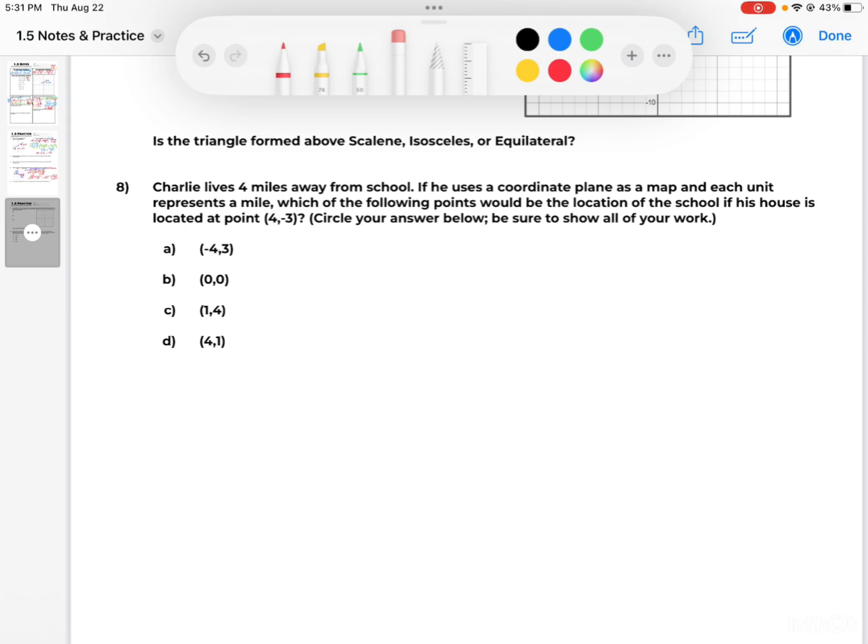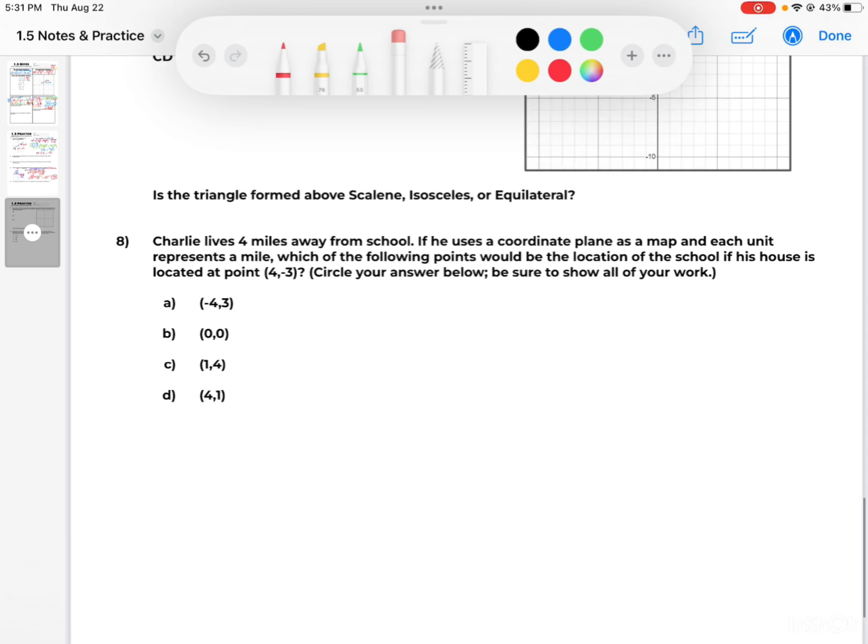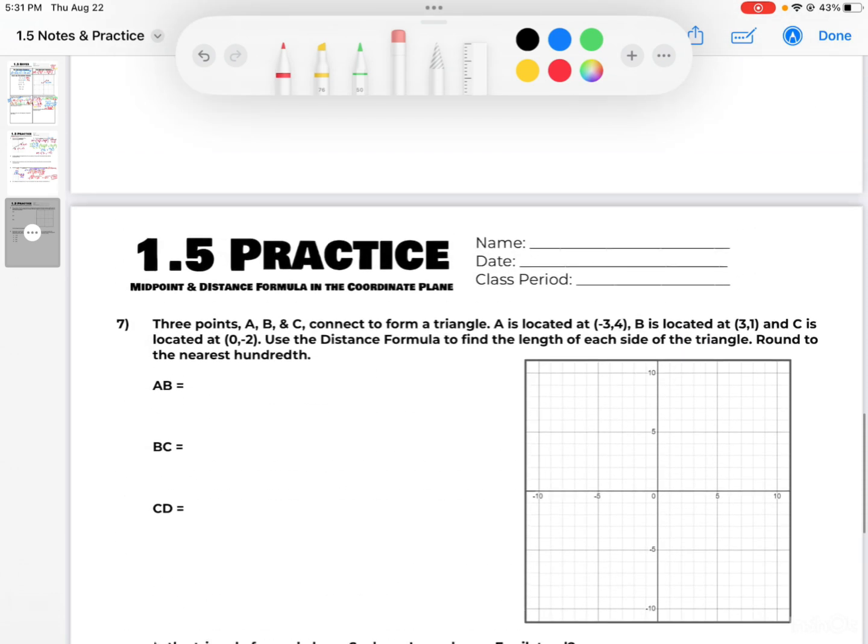So my advice for you for this would be create a plot, graph everything out, and then you're looking for a point. So you're probably going to be using midpoint formula, maybe a combination of midpoint and distance.